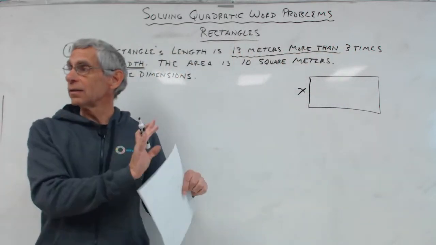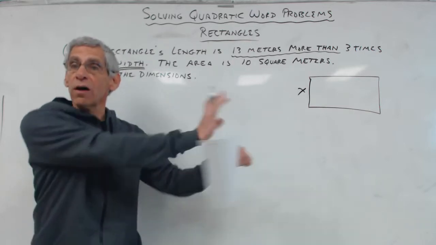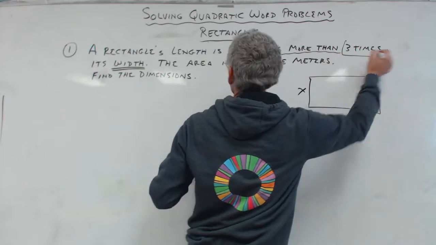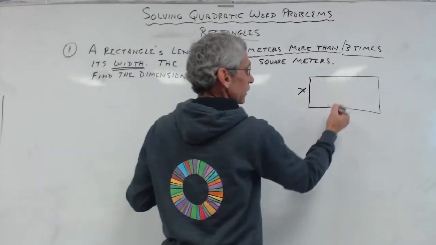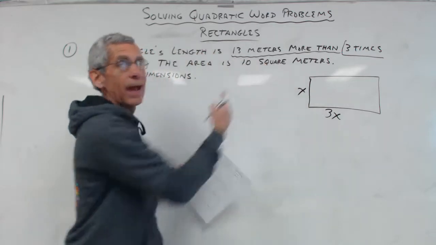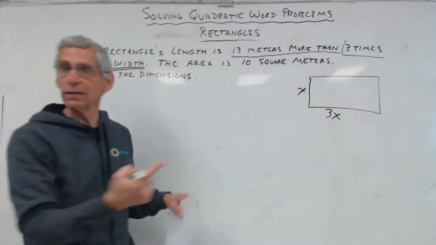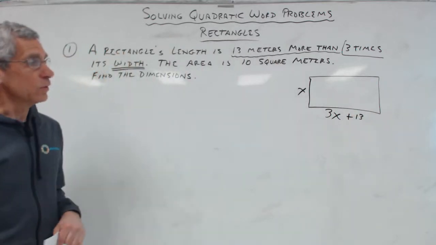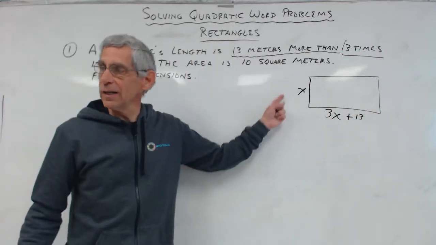It's not 13 plus, it's plus 13. So it goes off to the right. So you kind of skip that for a second and you do this. 3 times the width. What's 3 times the width? 3x. Now we go back and we add the more than, 13 more than. Does that make sense? Because that's just how you do it. So does everybody understand how I got that?